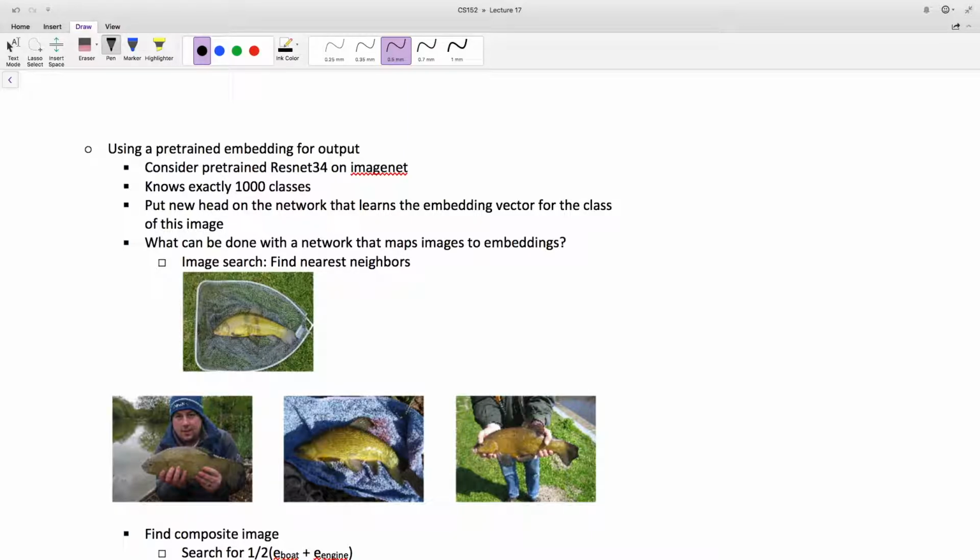This is our happy finch. It's not a terribly good looking finch. We feed it through here, we feed it back out, we get this vector. And now you can measure the vector distance between that and all the other labels. So we could measure the distance between this vector and all the other 1,000 vectors that we trained our network on. Does that make sense?